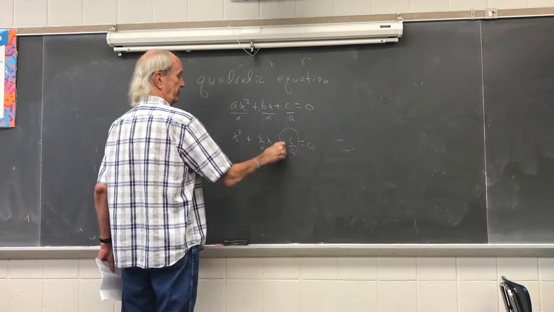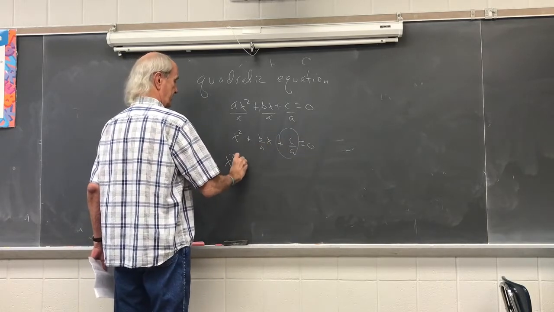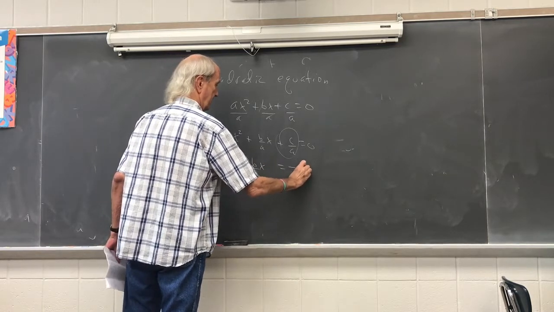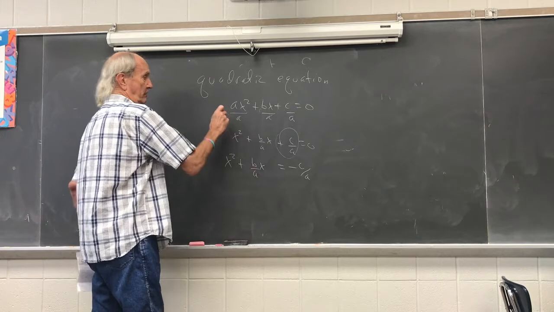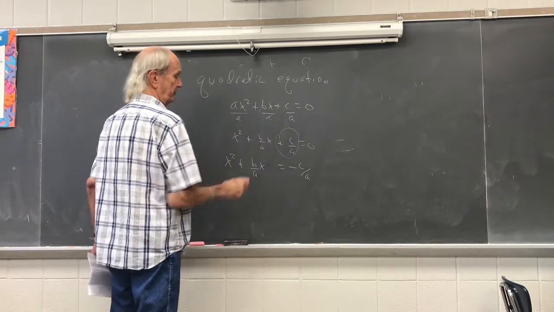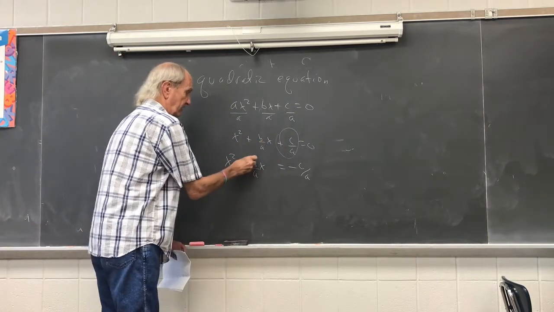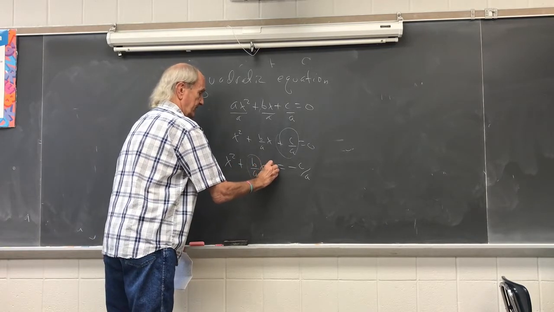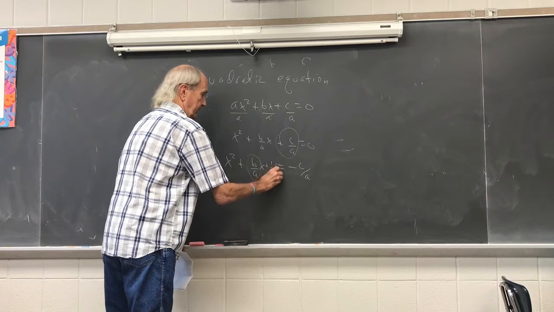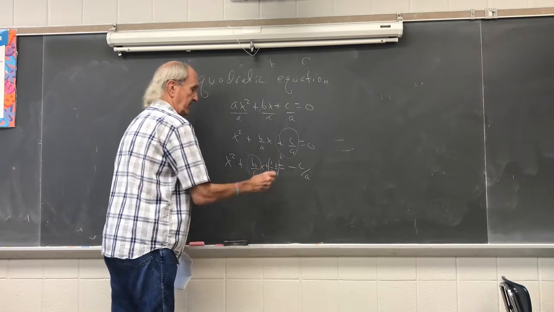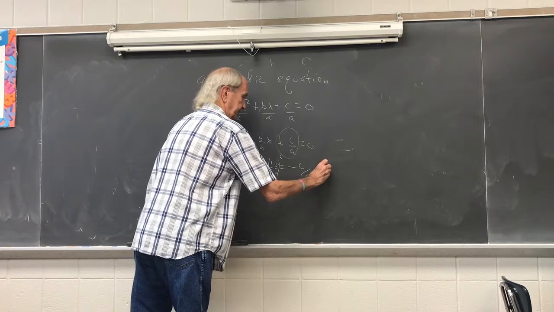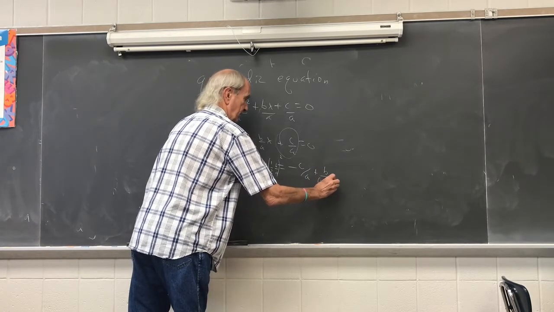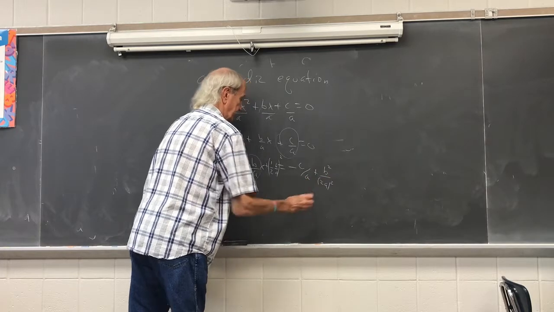Take the constant term and set it over to the other side. So we divide by a, we took the constant term and moved it to the right side. You take 1/2 of this term, square it, and add it to both sides, because if you don't add it to both sides, you now have a different equation.